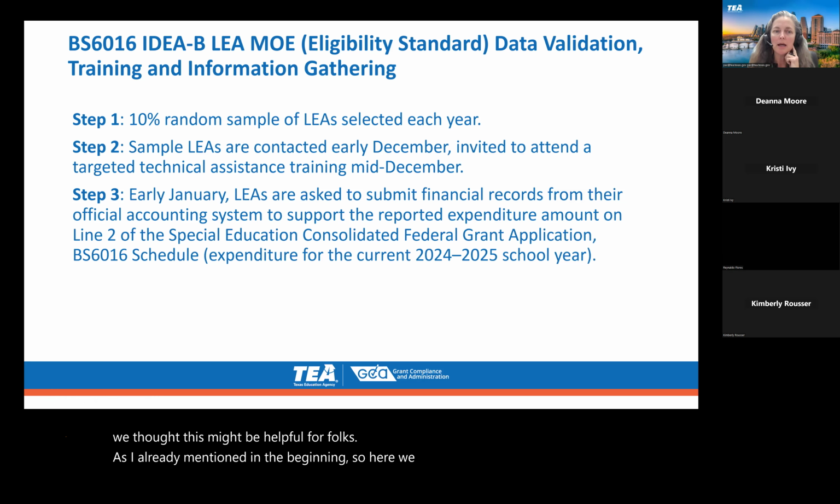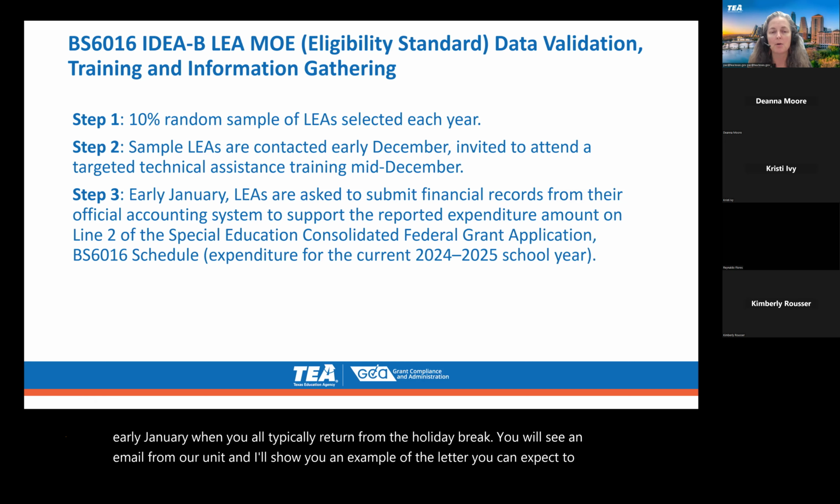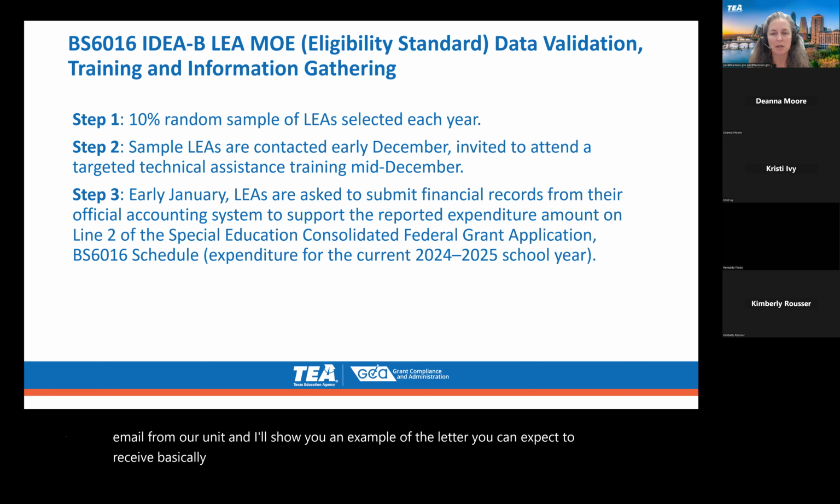So here we are. And then the next step is early January, when you all typically return from the holiday break. You will see an email from our unit, and I'll show you an example of the letter you can expect to receive, basically requesting the documentation, which comes from your official financial accounting system.